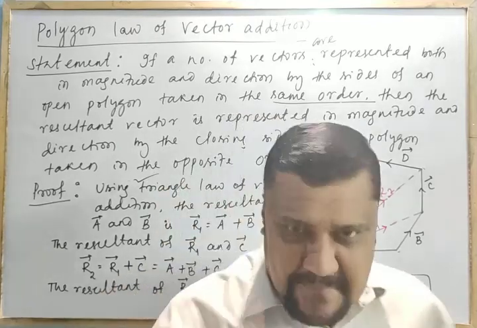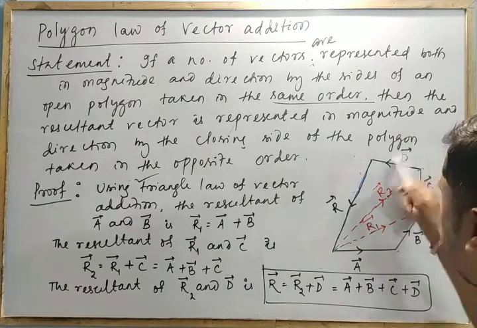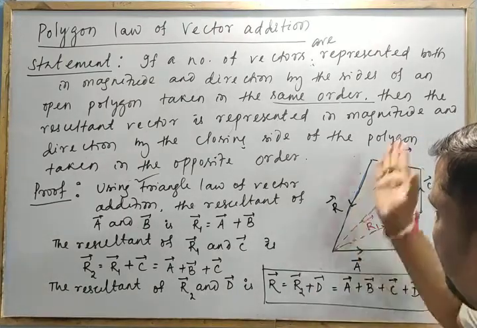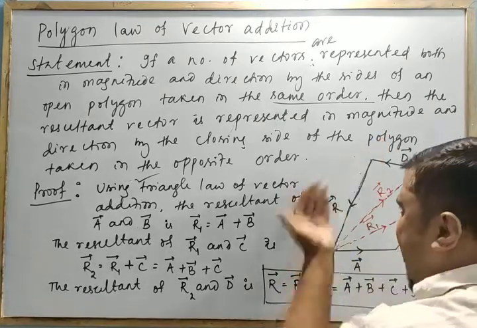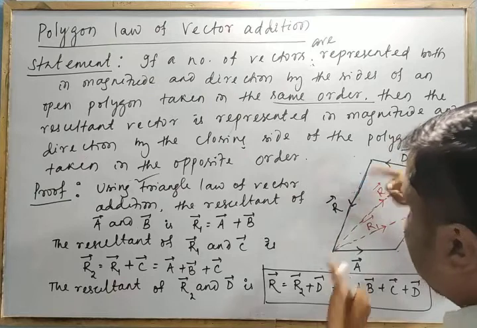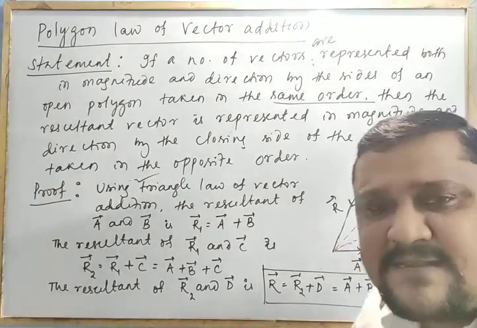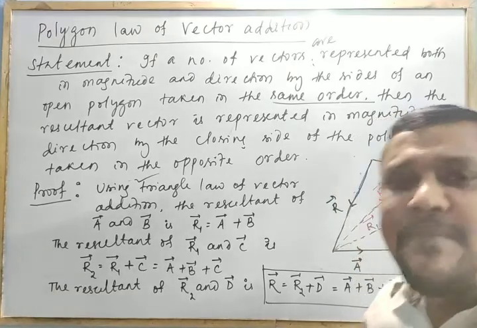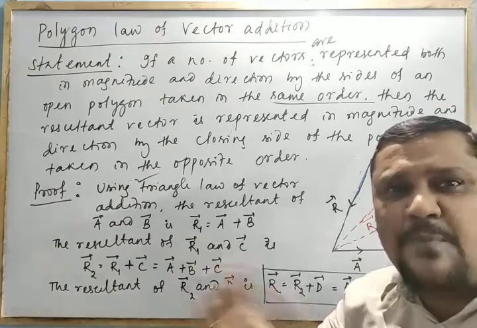Isn't it? Because as you know, A plus B plus C plus D is equal to R, and this R should be along the opposite direction. But now you are applying another vector which is equal in magnitude and opposite. Then what is this resultant? 0. Here both are the same and opposite in direction.